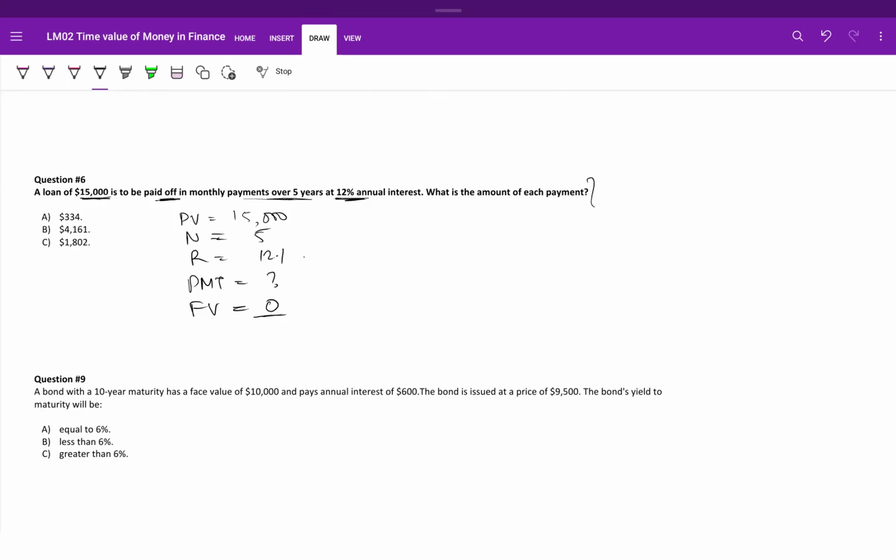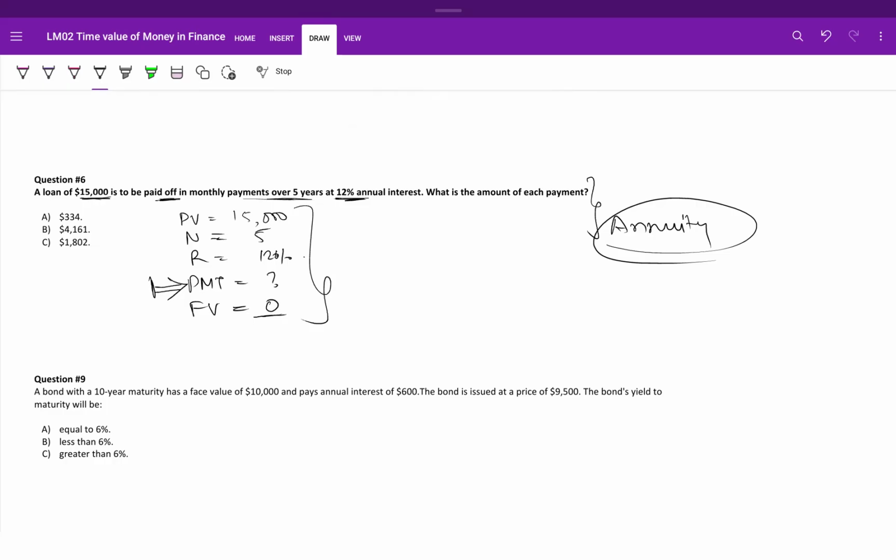This is an annuity question. Here they're actually talking about an annuity. So once you plug in all these numbers into the calculator, you would be able to calculate the PMT.